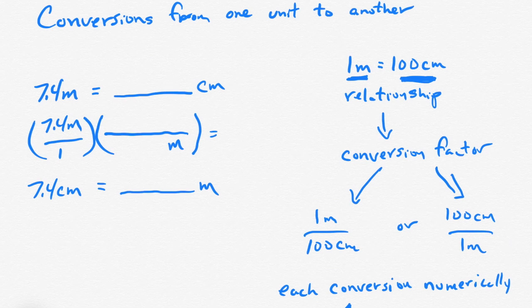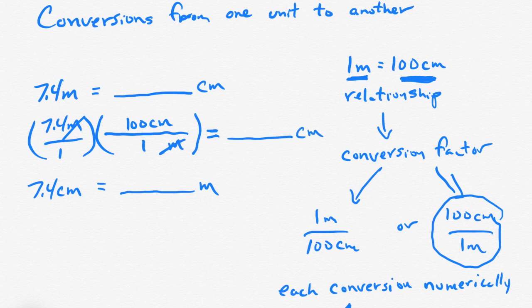From the relationships we talked about, we see that 100 centimeters on top is over 1 meter on the bottom. So we use 100 centimeters on top, 1 meter on the bottom, and we can cancel out our meters, and we have a simple multiplication of 7.4 times 100 centimeters, which gives us 740 centimeters. Okay, just a multiplication.